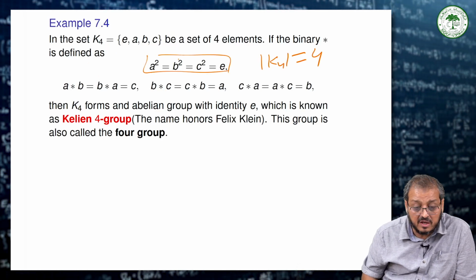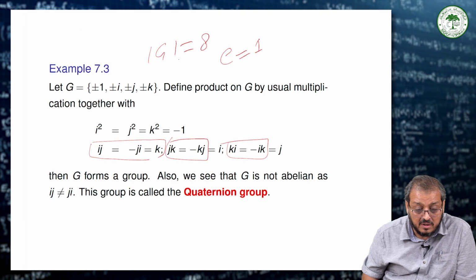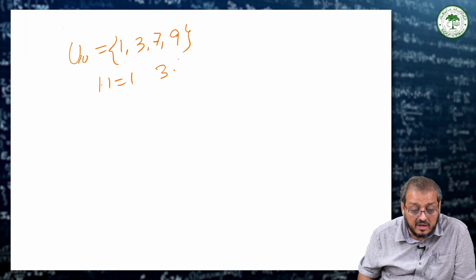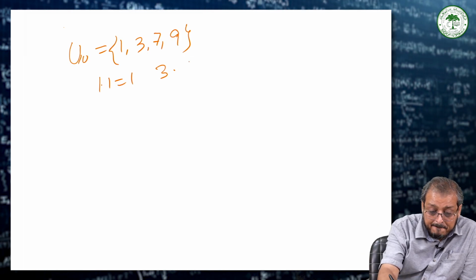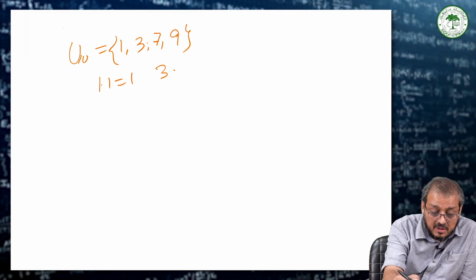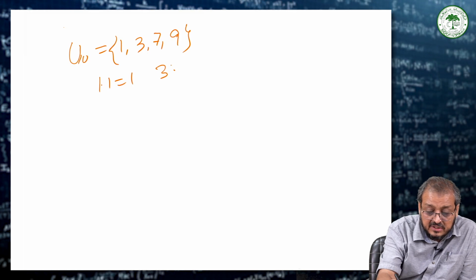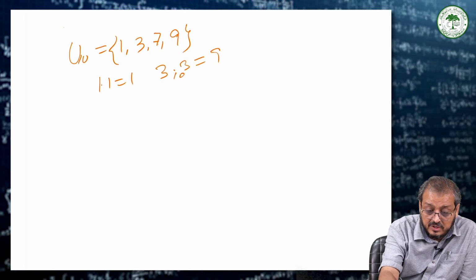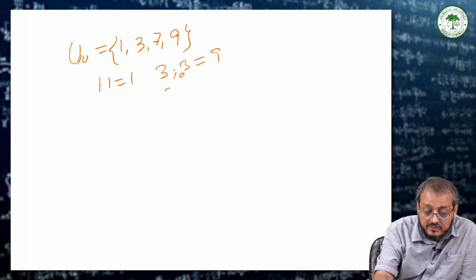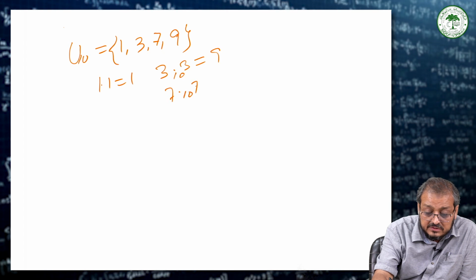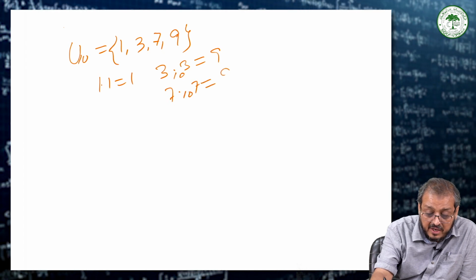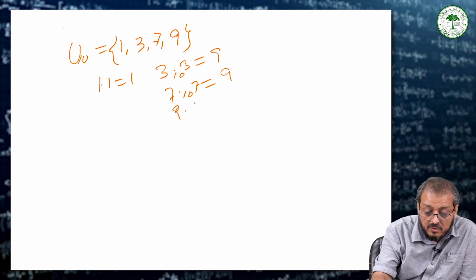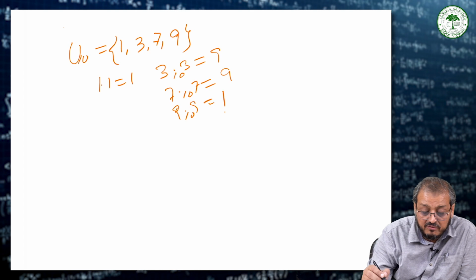Now see, if we take some elements like 3 into 3 modulo 10 is equal to 9, giving the inverse of a. Then 7 into 7 modulo 10 is 49, which gives 9, and then 9 into 9 modulo 10 is equal to 1.